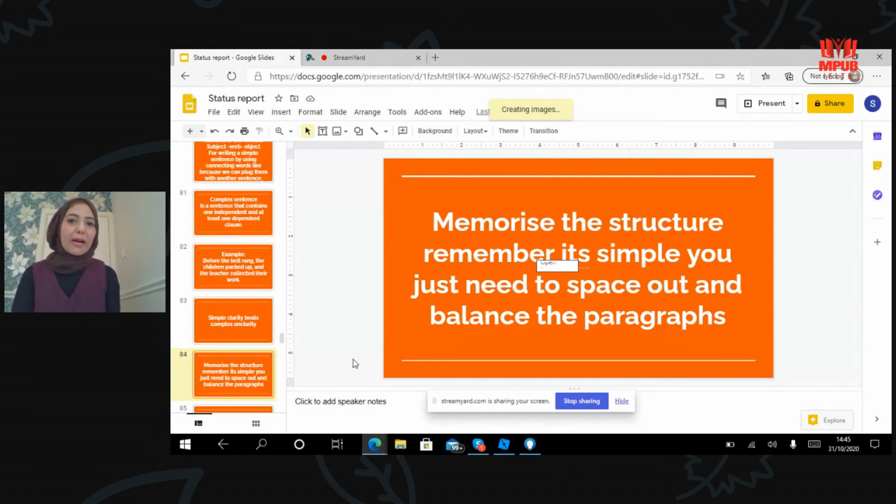It's all about balancing and spacing out your paragraphs. So you don't want one paragraph a page long and one with two lines. That's not correct. Basically, just balancing. You don't need the exact same count of words, just near enough, as long as they look similar to each other.